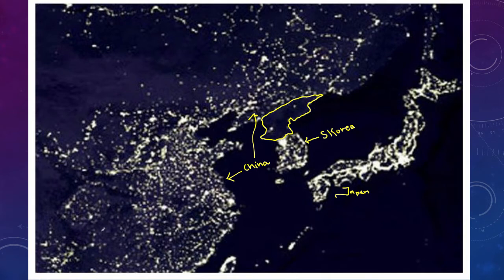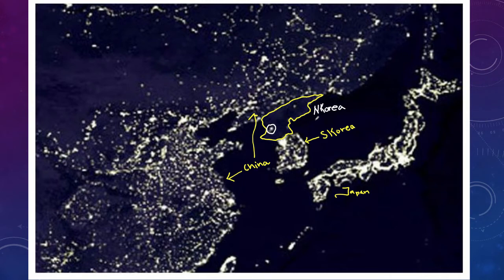That is our area of course, of North Korea. This area of North Korea is so interesting because other than this part right here, which is Pyongyang, the capital of North Korea, there is very little light at night. And that raises an interesting question.